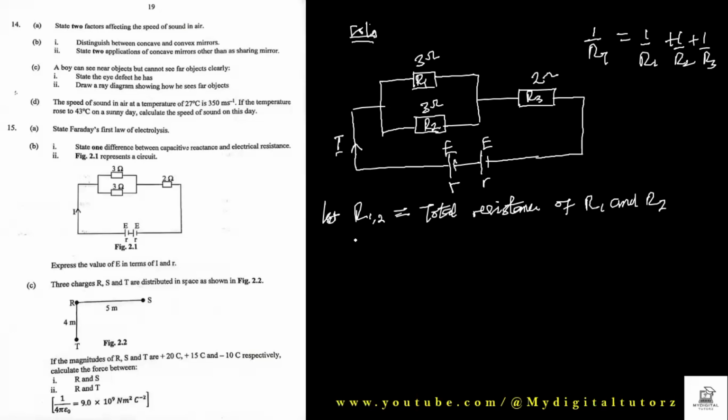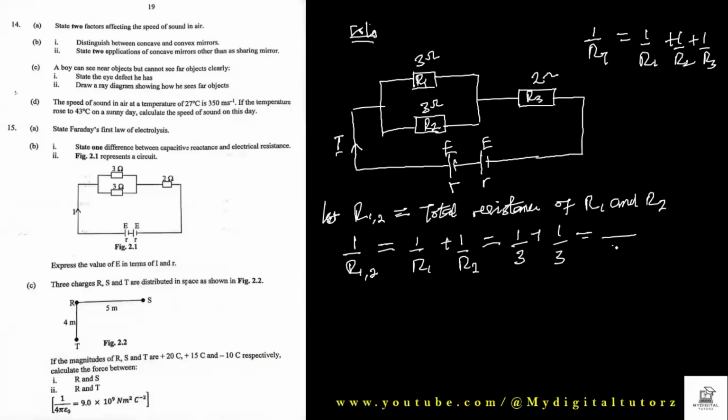So I'm going to have 1 over R1,2 is equal to 1 over R1 plus 1 over R2. I can substitute the values here. That will be 1 over 3 plus 1 over 3.